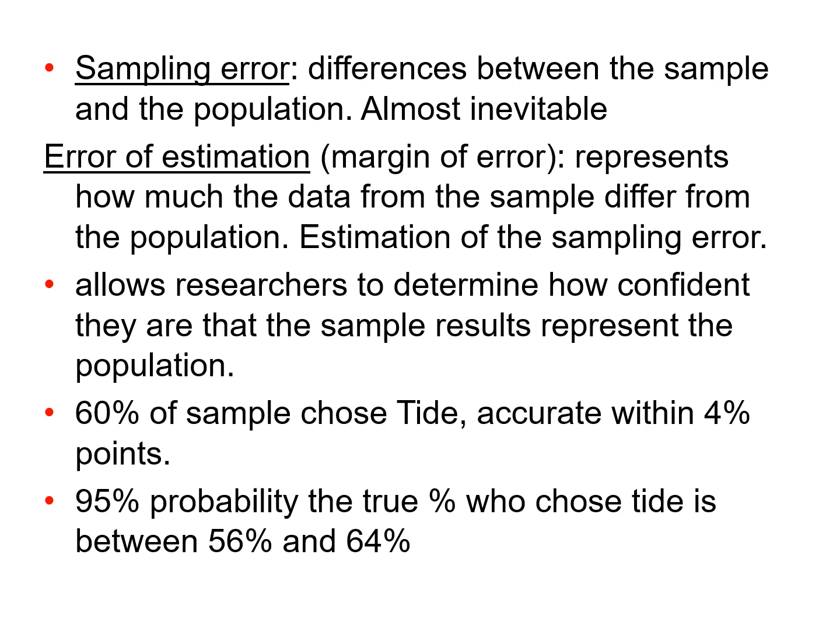So this is your confidence interval. For example, 60% of the sample chose Tide, so it's usually accurate within 4 points. So with 95% probability, the true percentage who chose Tide is between 56% and 64%, which is plus or minus 4%.